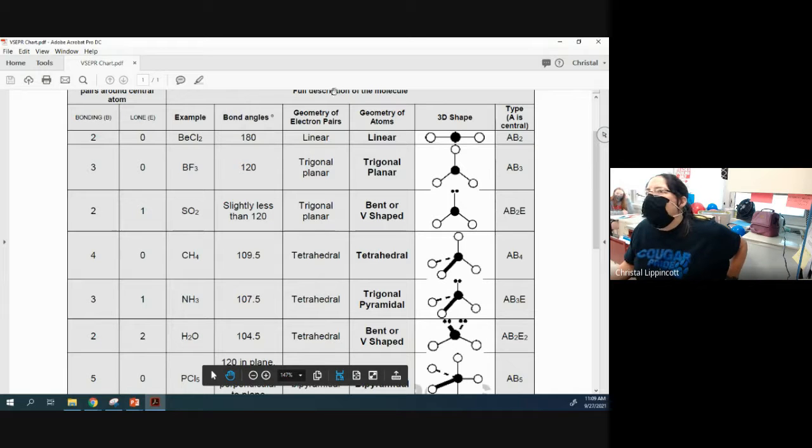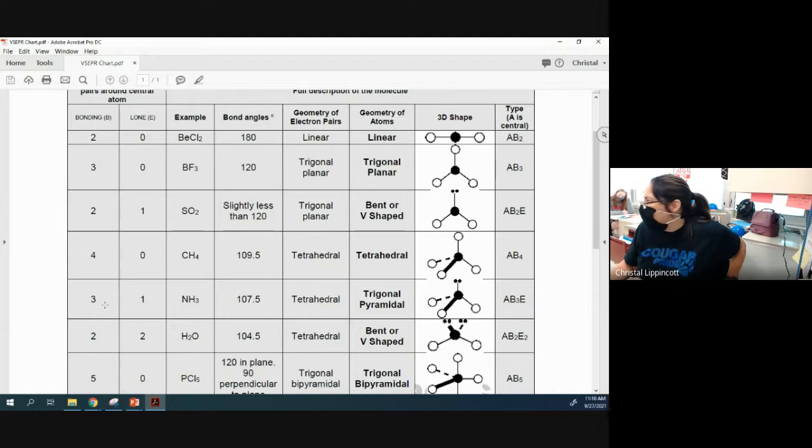But that's why I said in the beginning, go with this one. This is the one you want to highlight and memorize. This just tells you how many things are coming off of it, but you don't know whether they're all atoms, or some atoms and some lone pairs.